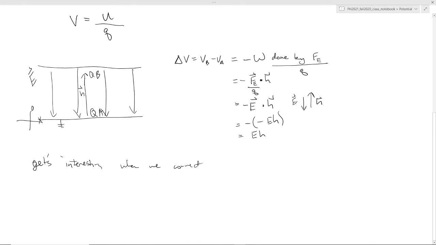The change in potential energy is just the charge times the change in potential. But the issue is that while mass can only be positive, charge can be both positive and negative.